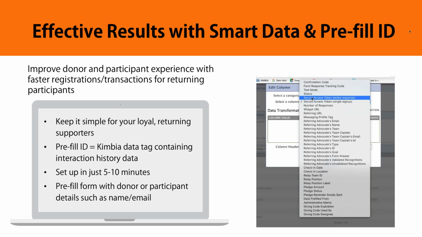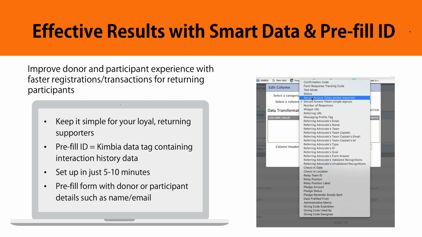So Beth mentioned the pre-fill ID, and essentially what pre-fill ID in Kimbia does is it keeps things simple for returning supporters. So whether someone is returning to your site to register for an event for a second year, or returning to perhaps fill out a survey, or returning to donate again, and I'll go into that in a little bit.